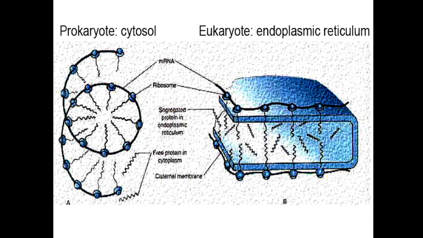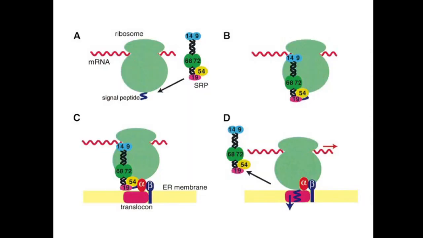It depends on a specific sequence present in the polypeptide chain at the amino end. When the polypeptide chain appears in extra-ribosomal space, it will consist of a specific signal sequence which indicates its appearance.